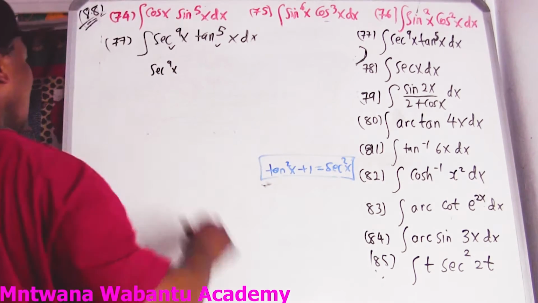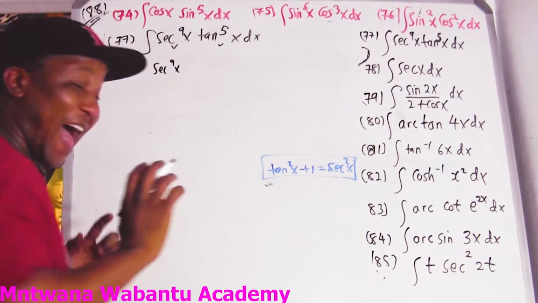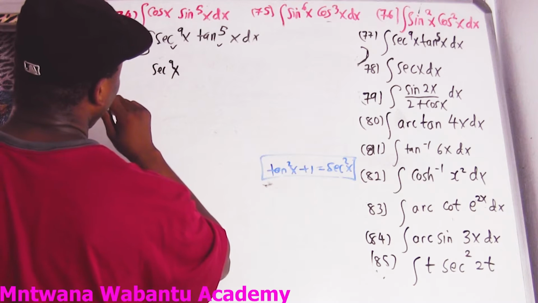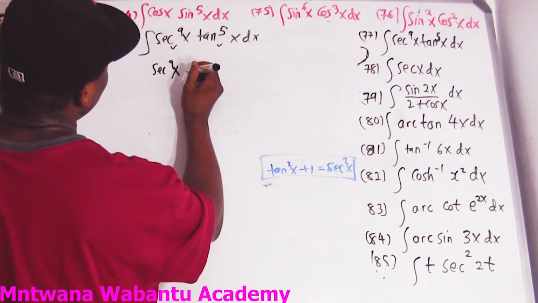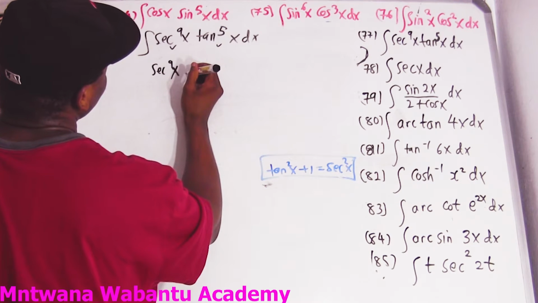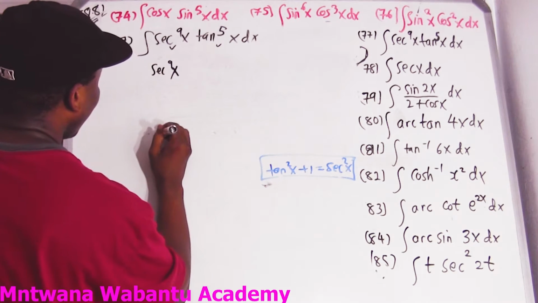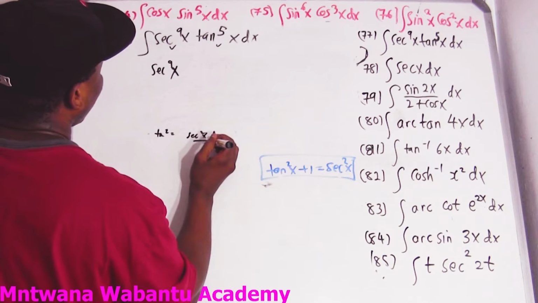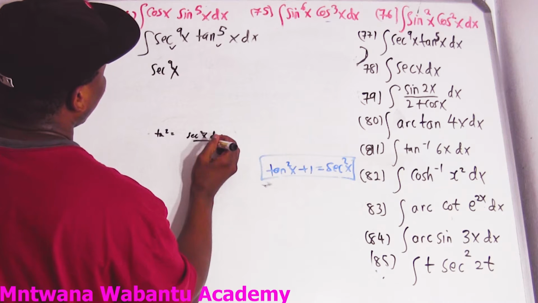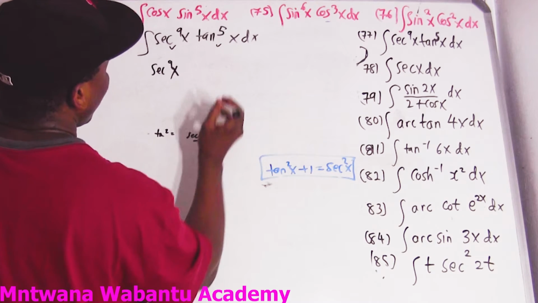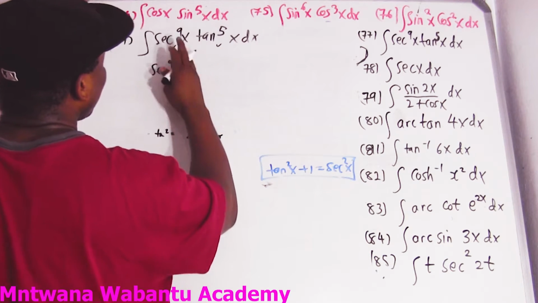If I differentiate tan, you get sec square x dx. Let's make this 7.